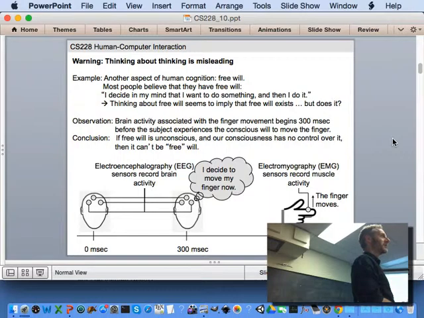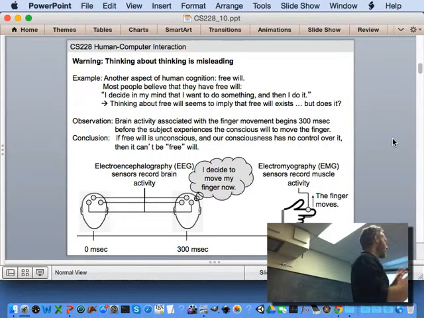Has anyone talked about this paper in a psych class or a philosophy class? Can we recover free will from this experiment? Seems that it's unconscious, right? I thought I moved my finger at this time, but unbeknownst to me, somewhere in my brain I had already made the decision 300 milliseconds earlier. But if I wasn't aware of it, who made the decision to move my finger, right? Things get very problematic very quickly.